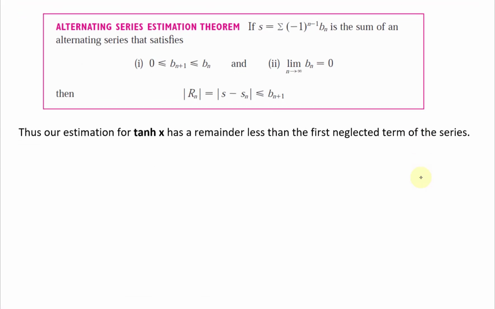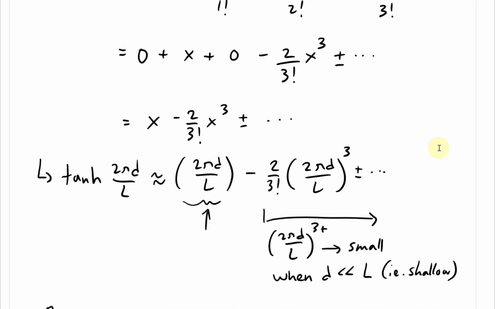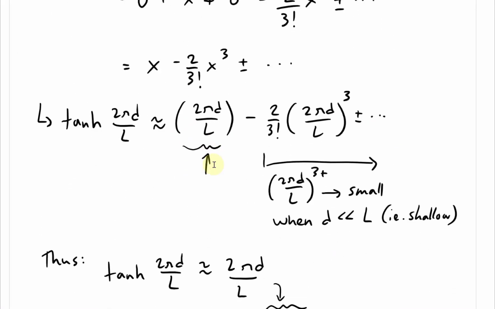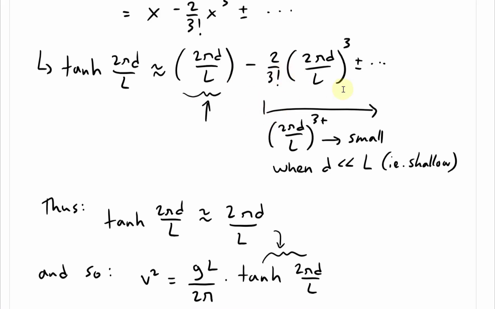So if we just recall, let's write down our tanh approximation. So tanh of 2 pi d over L. If we scroll up to our estimation, this was in part B right here, where we looked at the first term, and then it's going to be alternating.